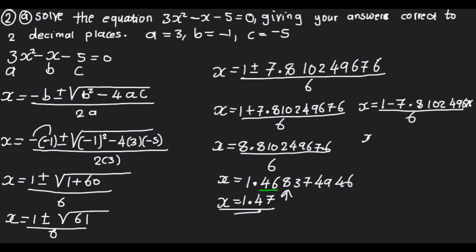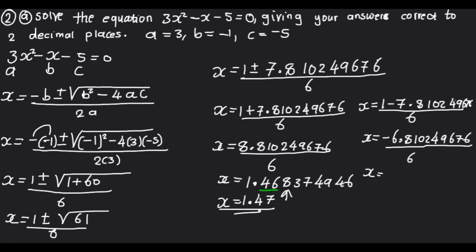Now let's look at the other part here. Here we are going to have negative 6.81024967 divided by 6.